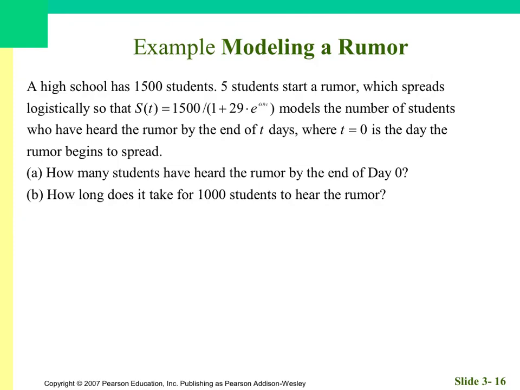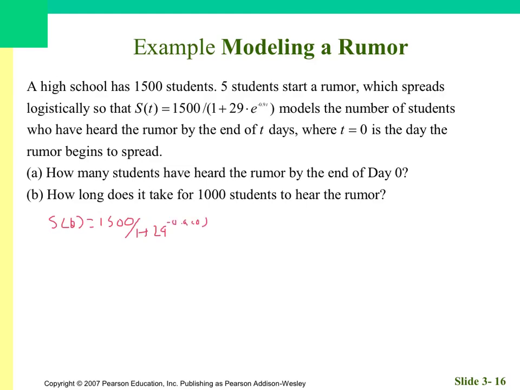A high school has 1,500 students. 5 students start a rumor, which spreads logistically, so that S of t equals, there's the equation. Model the number of students who have heard the rumor by the end of t days, where t is 0, the day the rumor begins. So how many students have heard the rumor by the end of day 0? Well, plug it in. Negative 0.9 times 0 is 0.